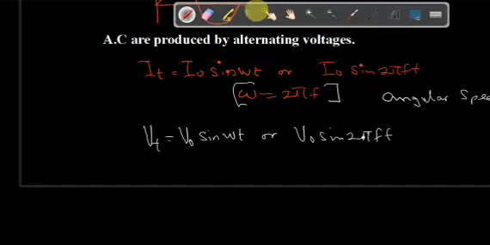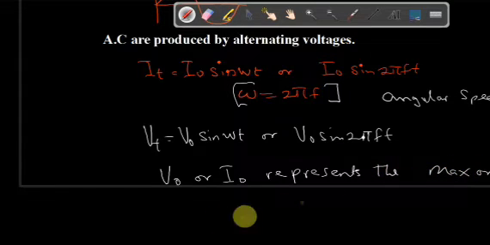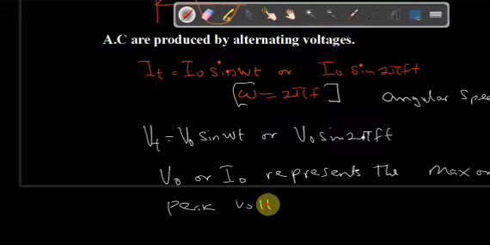Now let us explain the terms V naught and I naught. V naught represents the maximum or peak voltage.